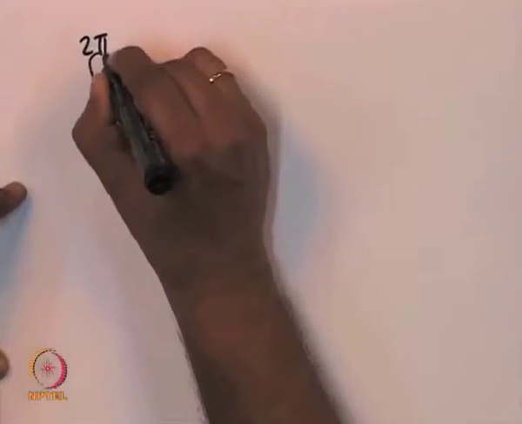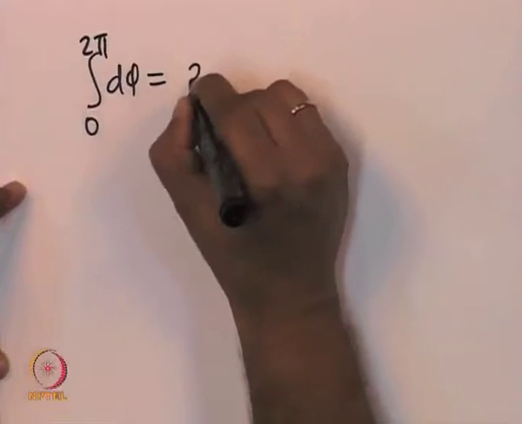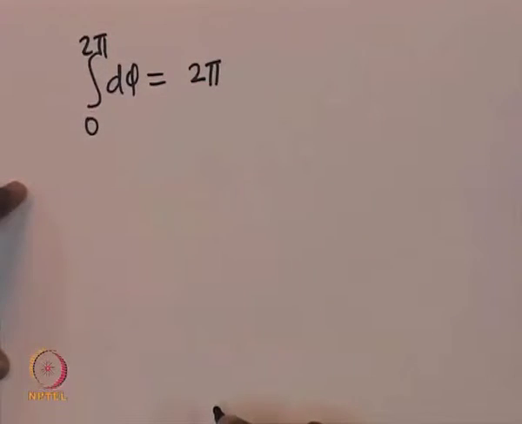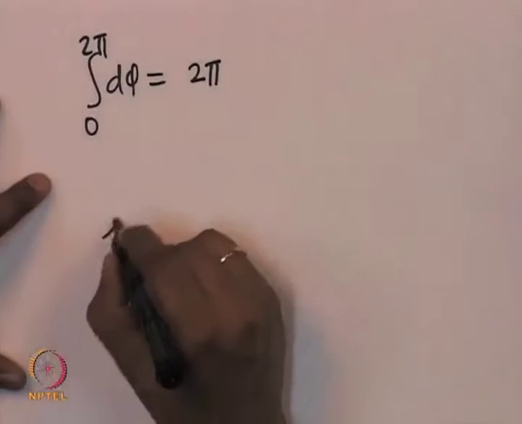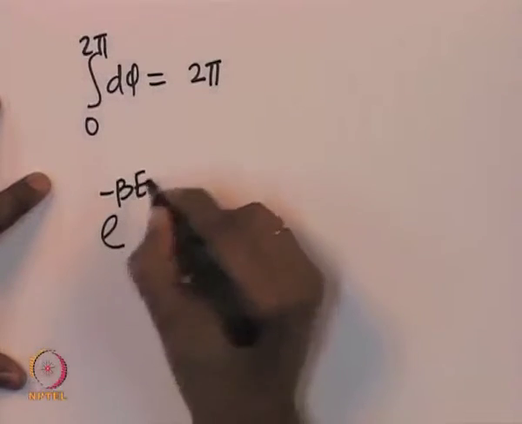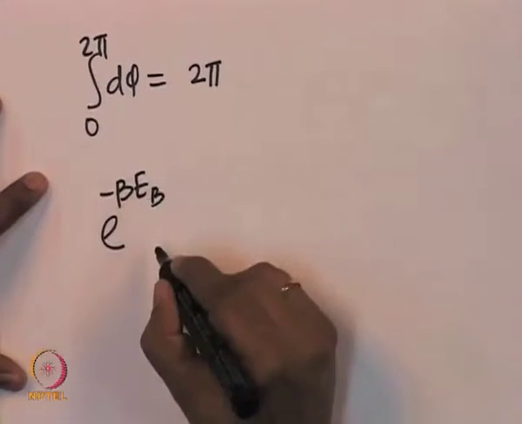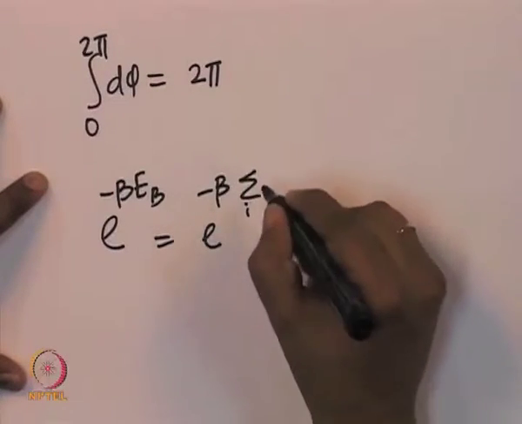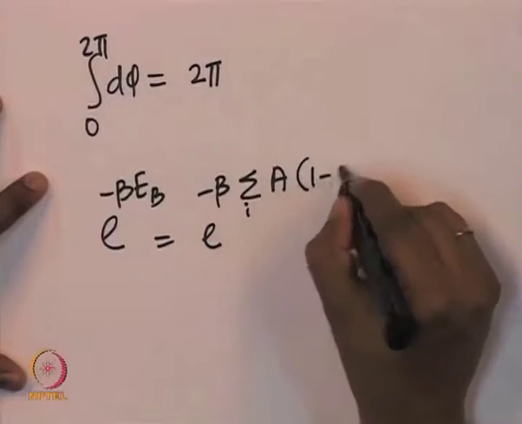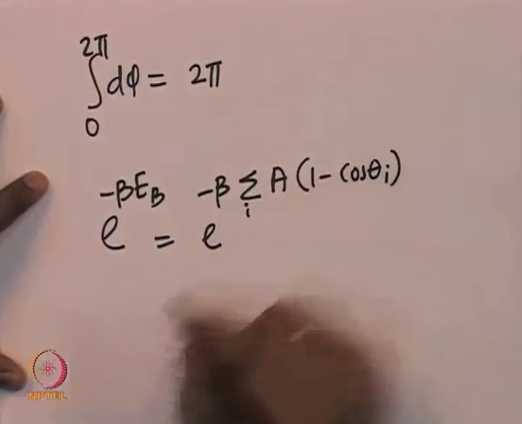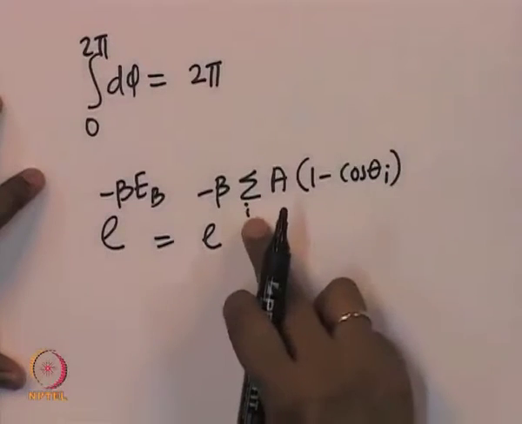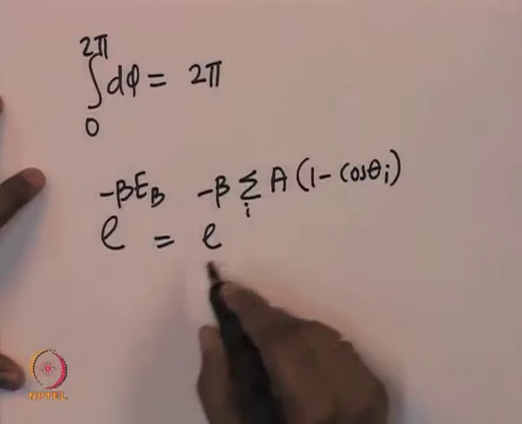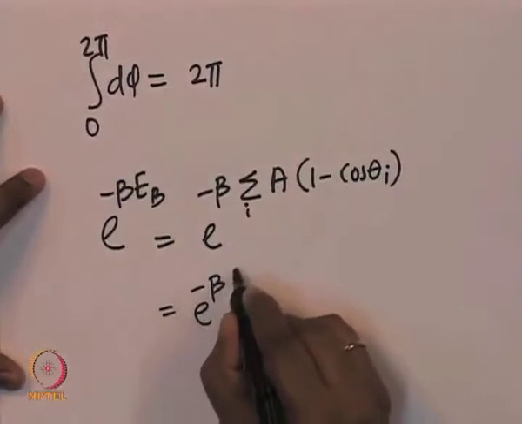Integral 0 to 2 pi d phi is just 2 pi. If you rewrite this, e power minus beta E, the bending energy, can be written as e power minus beta sum over i of a times 1 minus cos theta i. Now, if you take this sum, so this is basically e power minus beta E 1.